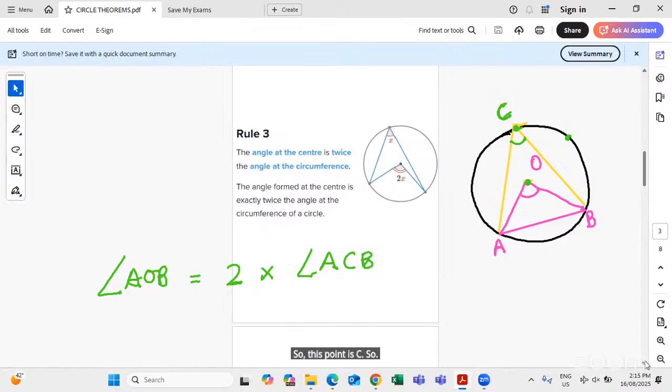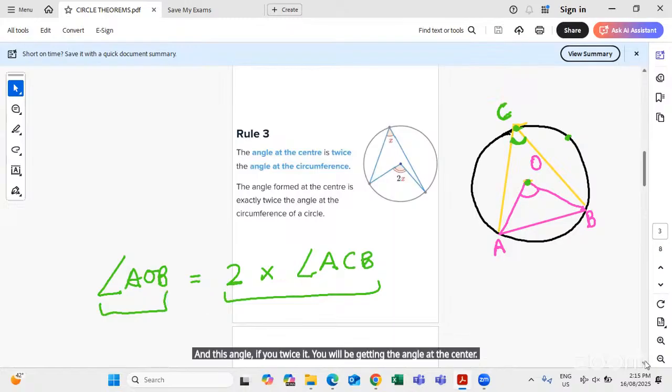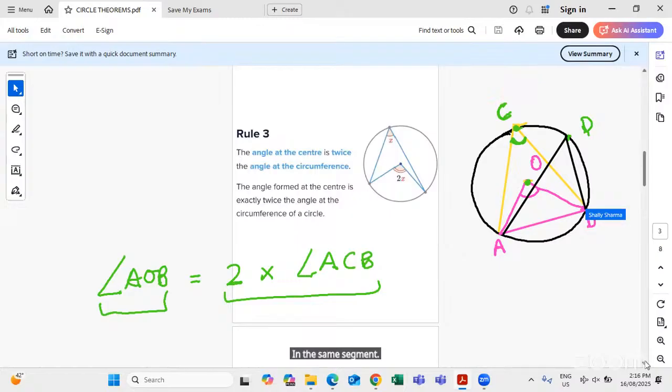So the angle will be ACB, this angle. And this angle, if you twice it, you will be getting the angle at the center. To make it more clear with rule 1 or theorem 1, let's say this is another point D. So when I consider this angle, which is made by the same chord at D in the same segment, D and C, they both are at the circumference.